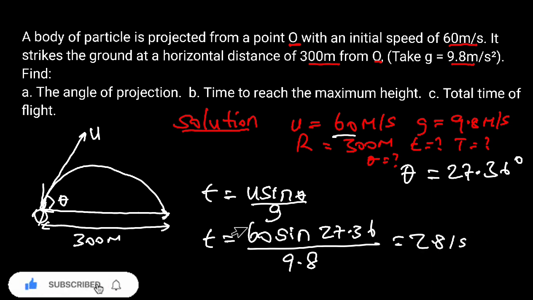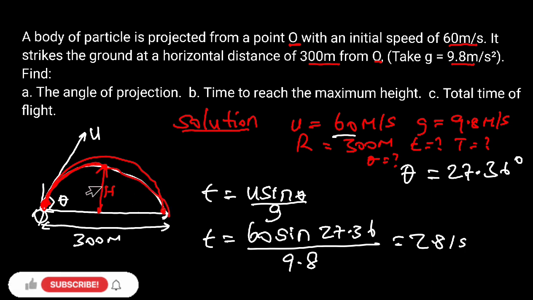By the way, the time to reach the maximum height is the time it will take this body to travel from the point of projection to this point, which is the maximum height of the projection. Now question C, the total time of flight, is the time it took this projectile to travel from this point to this point. The total time of flight is the time it takes to travel from the point of projection to the maximum height, and then from the maximum height to ground level.